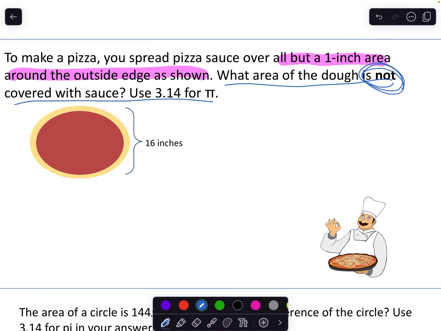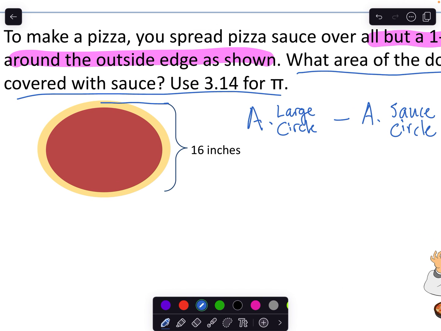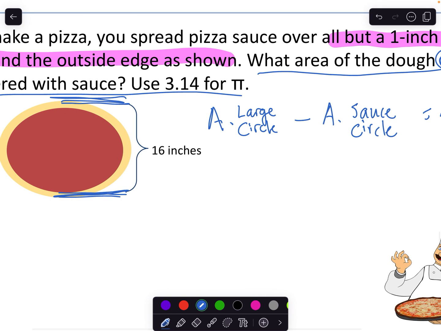So this will be my plan here. Let's just say area of large circle minus area of the sauce circle equals area of crust. That's our general plan. So if we know that the whole thing is 16 inches, the entire thing, well, the area of the large circle would be pi r squared minus the pi r squared of the small circle.